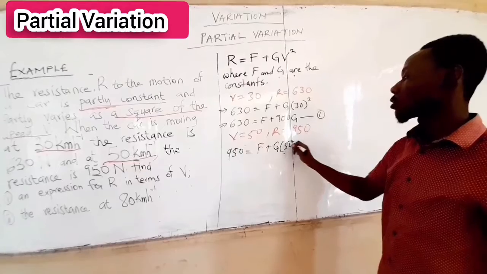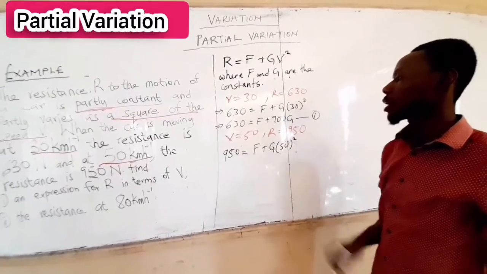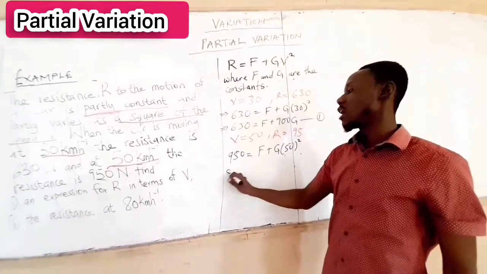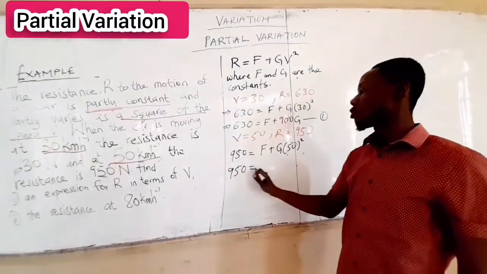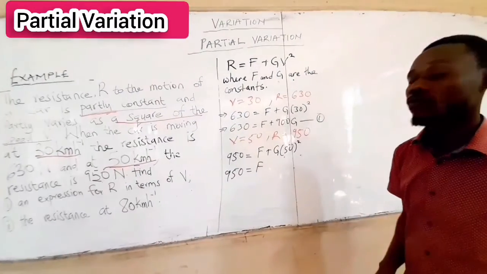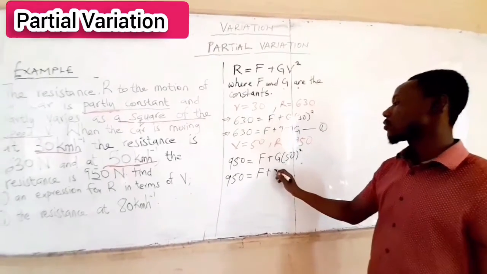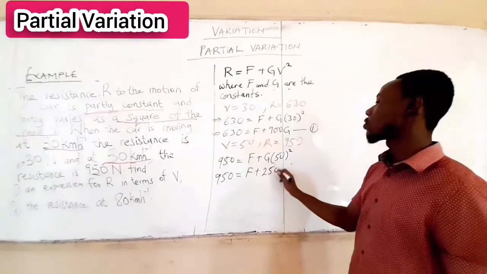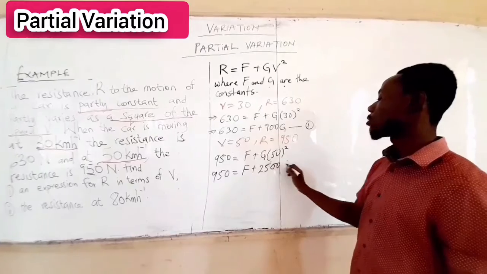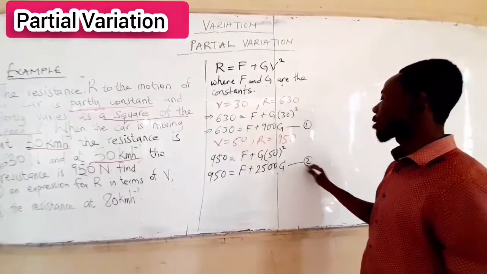So 50 square. Breaking it down, we have 950 F plus 50 square will give us 2500. Then what? G.